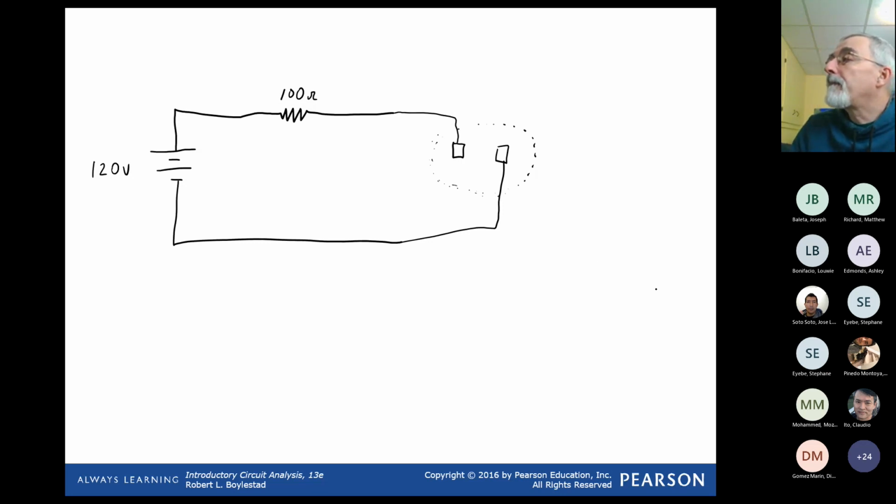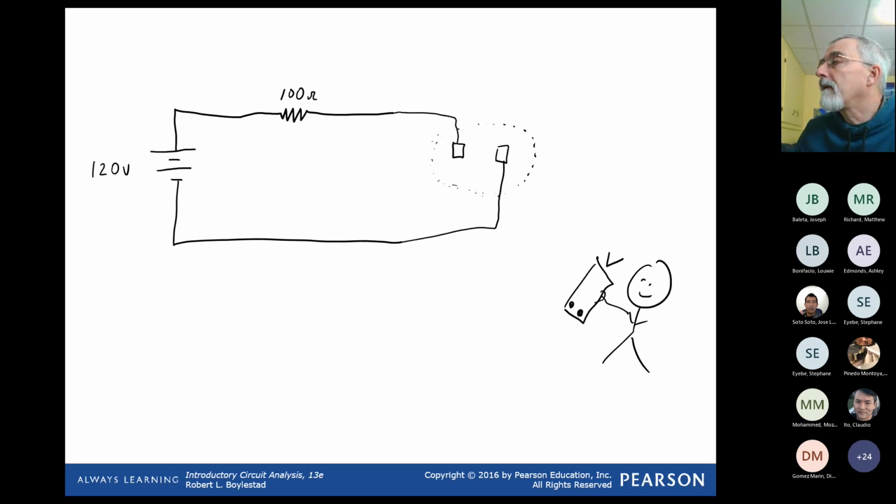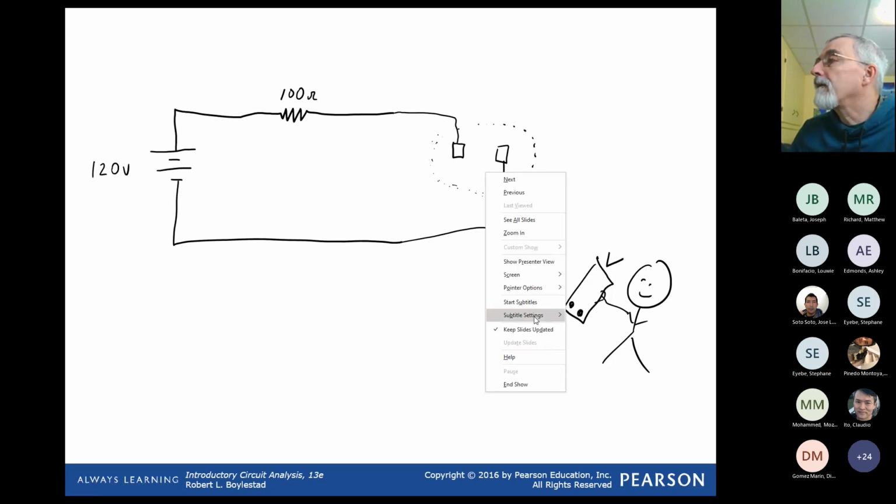And all right, we're going to set this to voltage, and we're going to connect 2 wires.